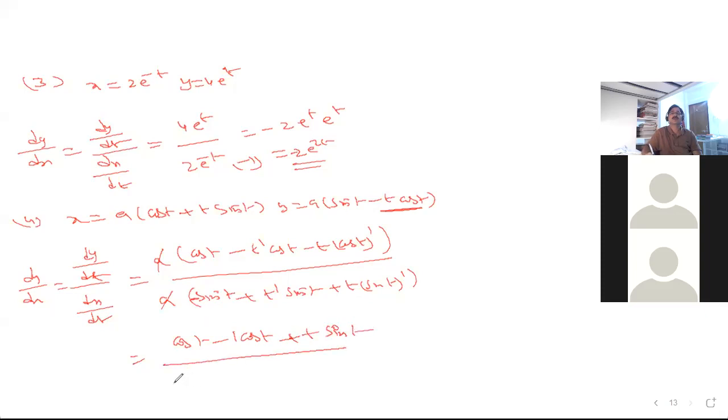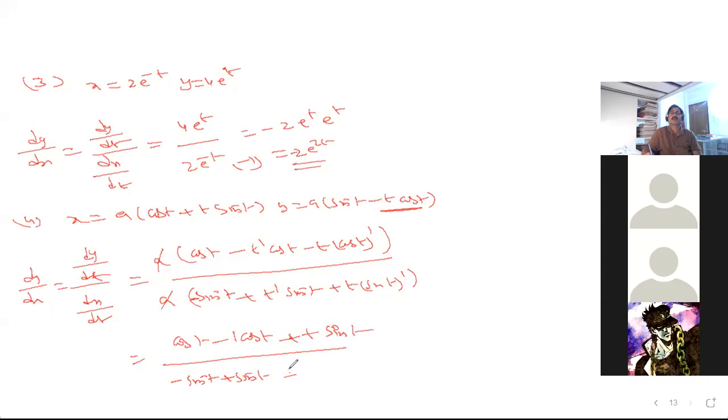And in the denominator here, it will be like this: minus sin t plus sin t plus t cos t. Done. t also goes. The answer is tan t, right. Is it okay, sir? Yes.